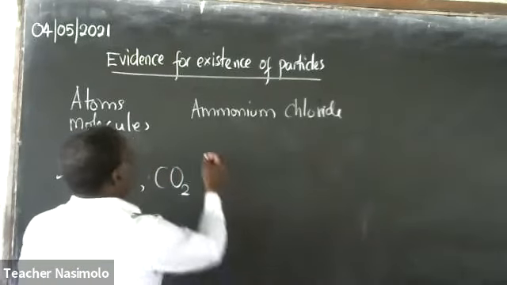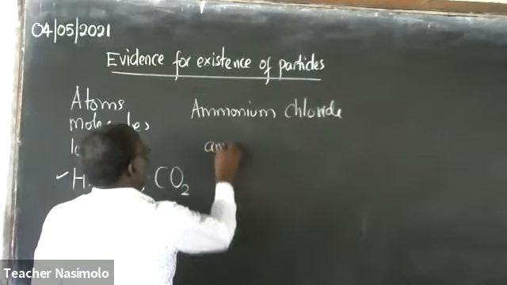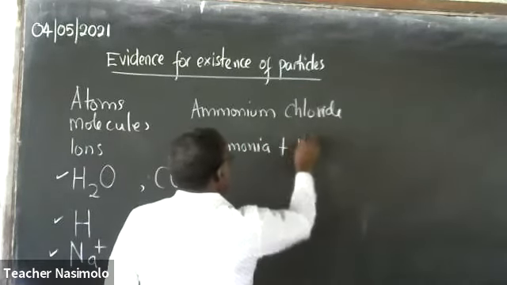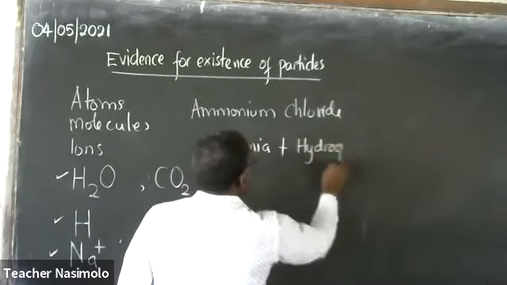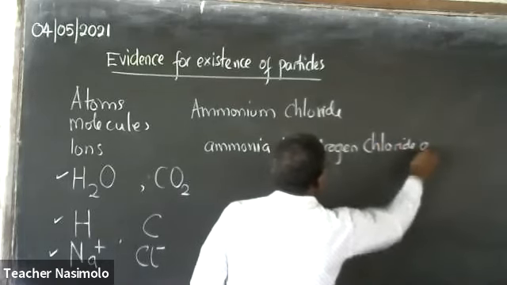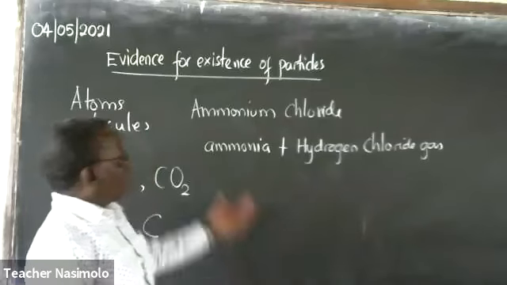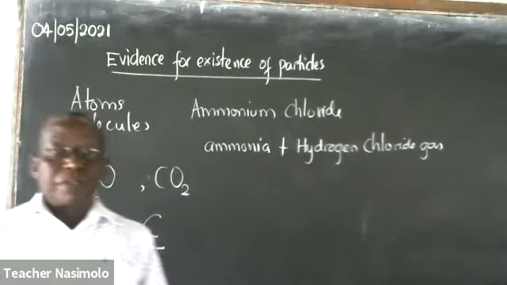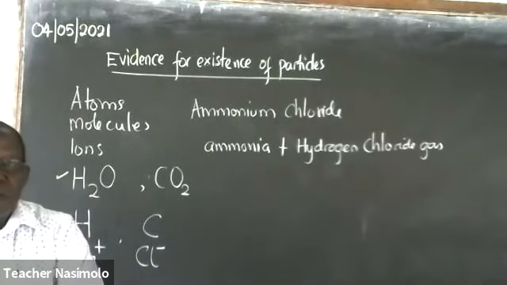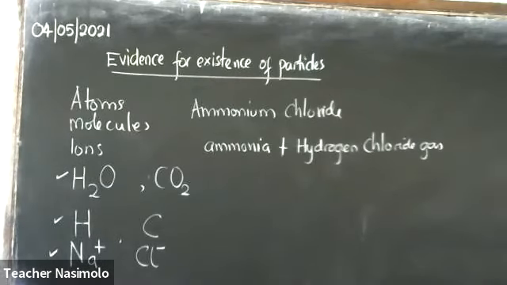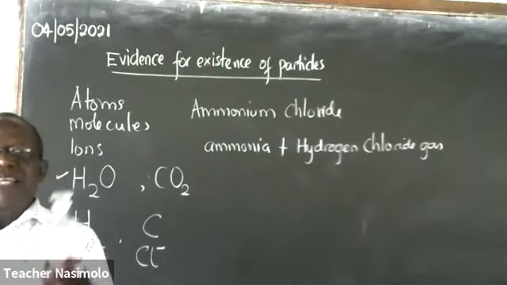This is as a result of the ammonia reacting with hydrogen chloride gas. And when these two react together, they form the dense white fumes, which you are seeing as ammonium chloride. So that one is showing us that actually, even when we are not seeing the particles, they exist.